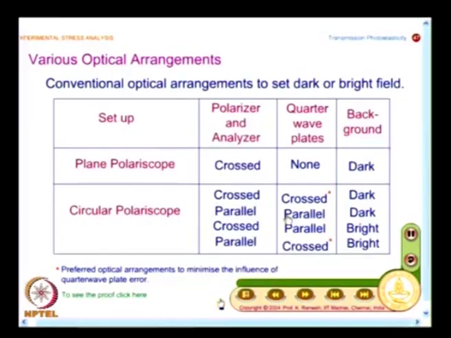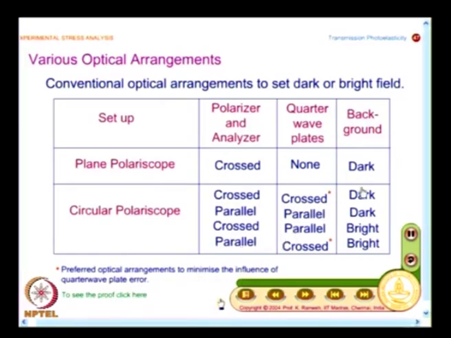Experimentalists have found out that if you use crossed quarter wave plate combination. That is what I had represented in my line sketch. We moved from dark field to bright field by keeping the quarter wave plates crossed. We kept the polarizer analyzer initially crossed, then we kept them parallel.